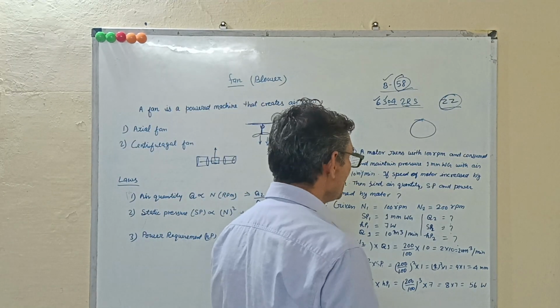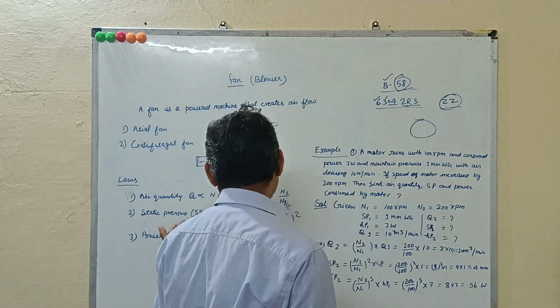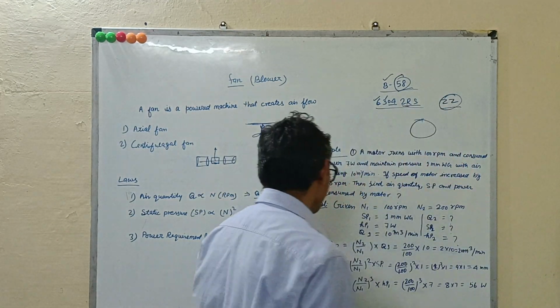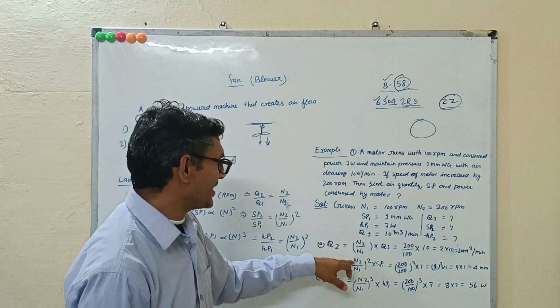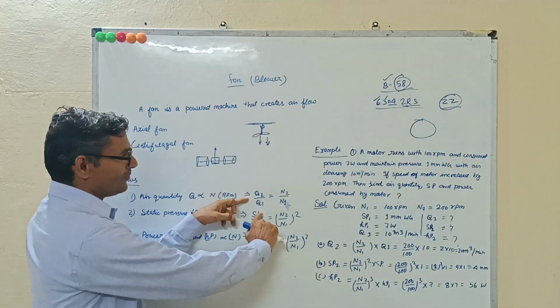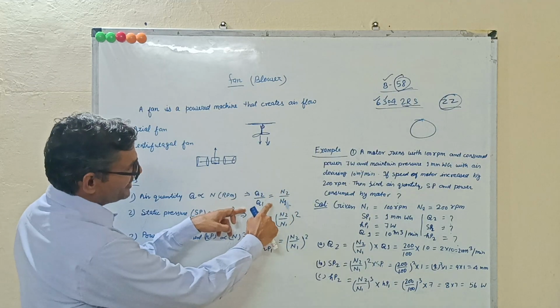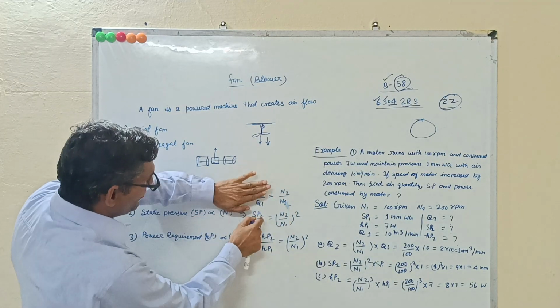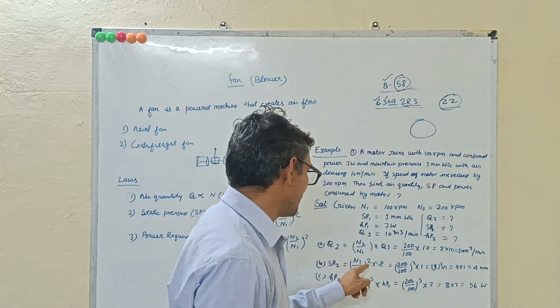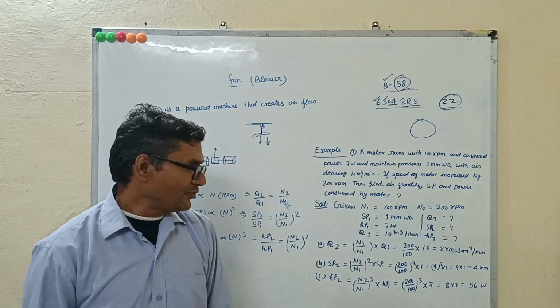Now we can easily find this by this relation and formula: Q2 by Q1 equals N2 by N1, so Q2 equals N2 by N1 multiplied by Q1.